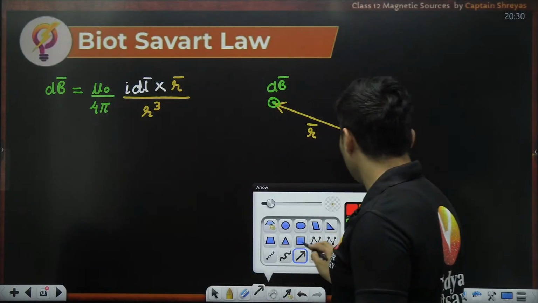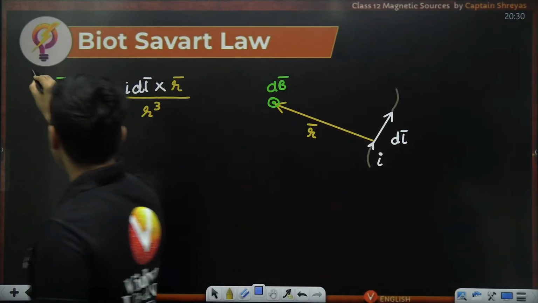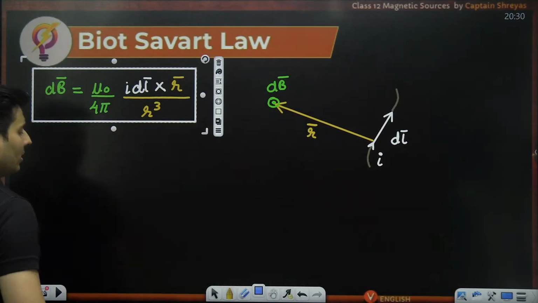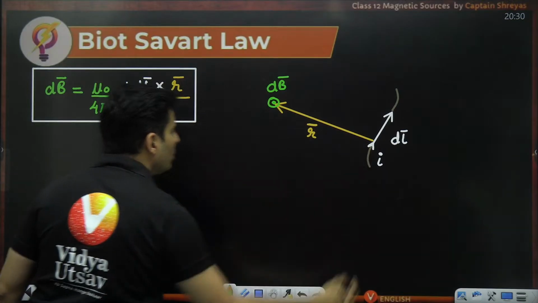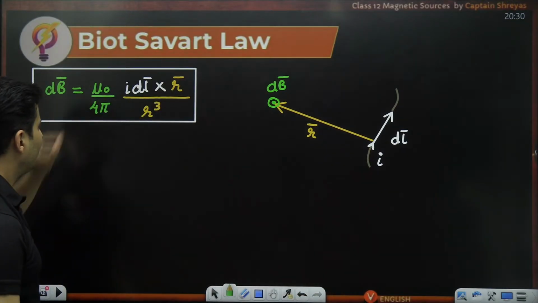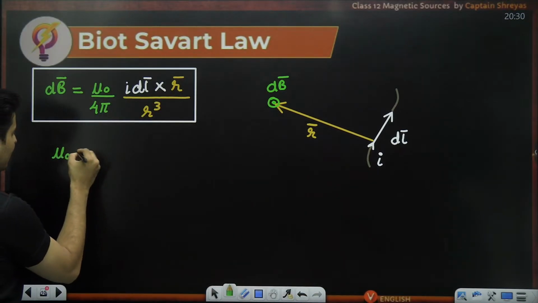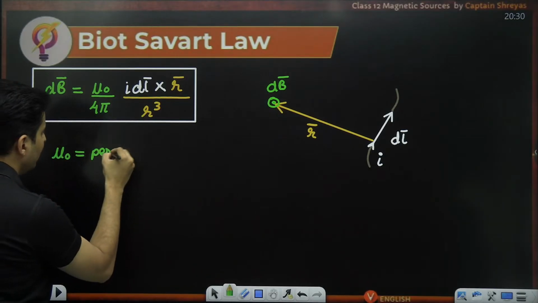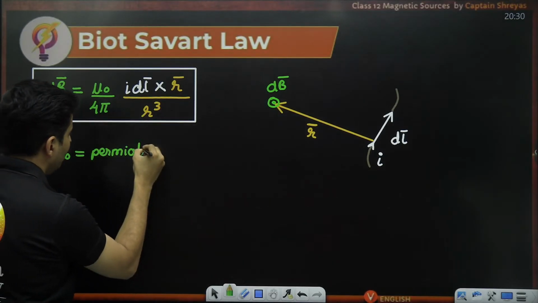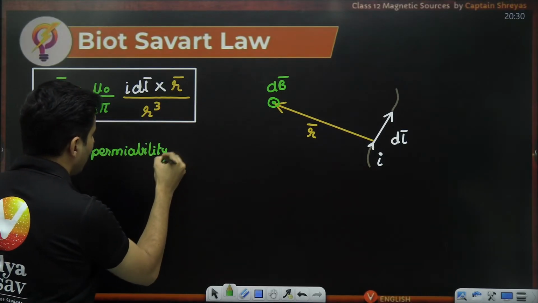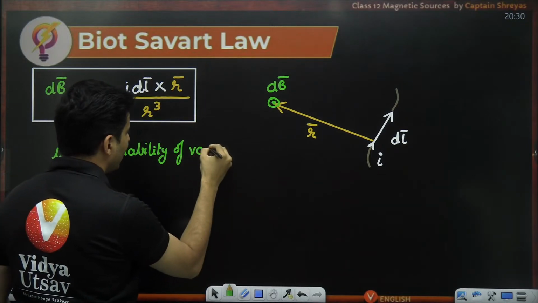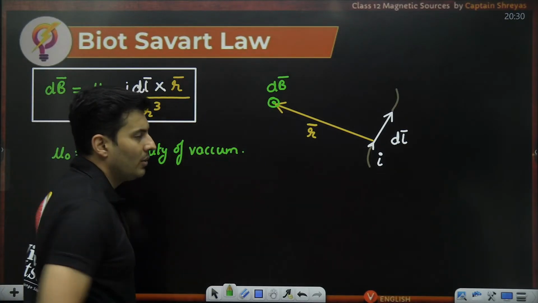Now we'll understand everything one by one, don't worry. So let me first block this off. What is this mu naught? First of all, mu naught is called the permeability of vacuum.